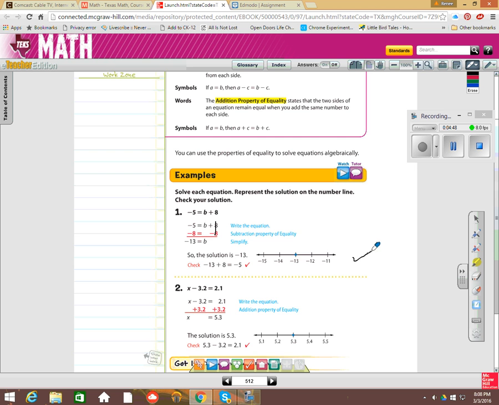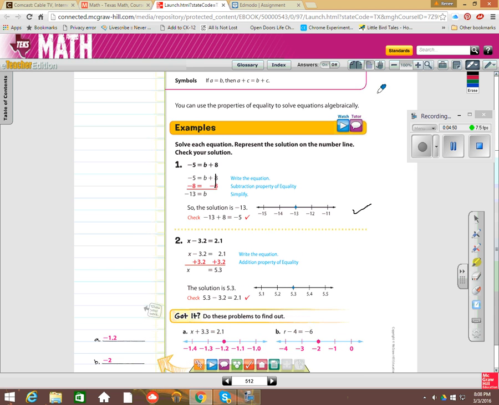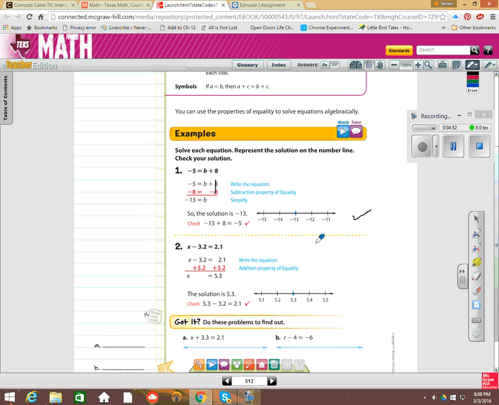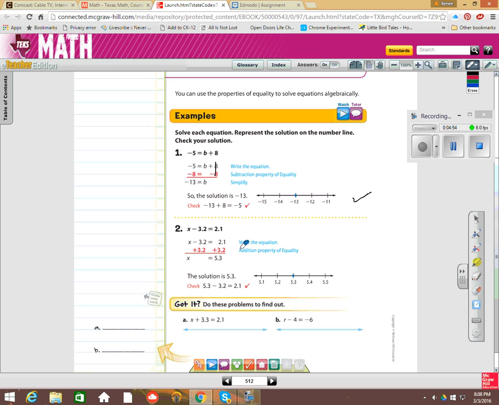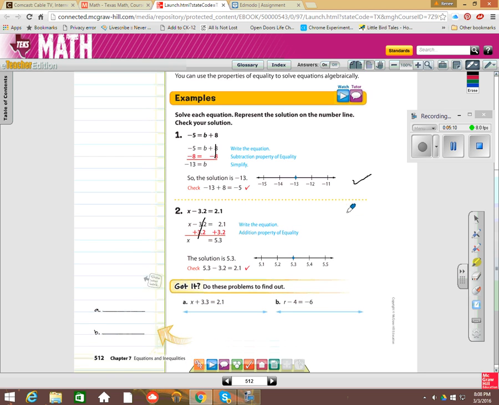You check. For number 2, you have to add 3.2. Okay, and if you were to add it, you see that's eliminated because it's the opposite. So x equals 5.3. It's graphed there.